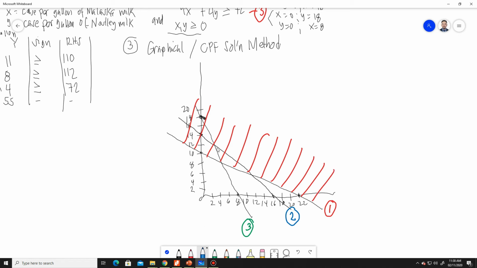For the second line, the second constraint, above the line also. And for the third equation or the third line, shading is also above the line.